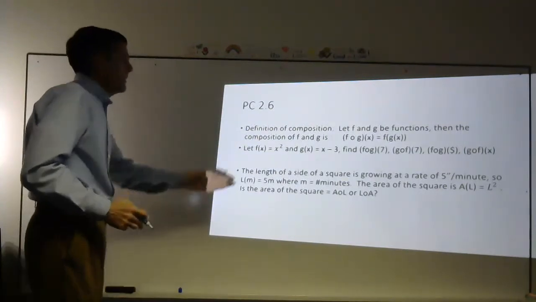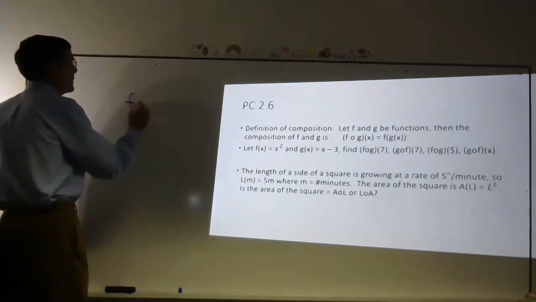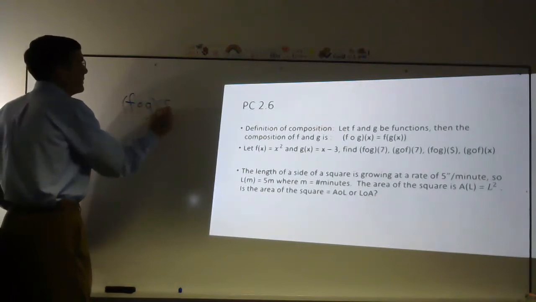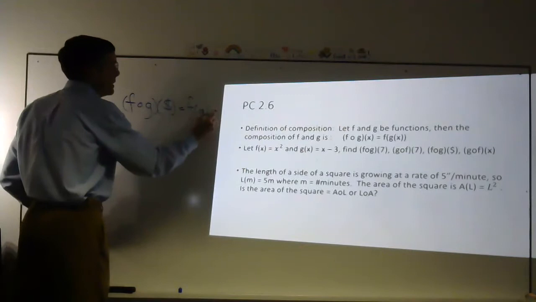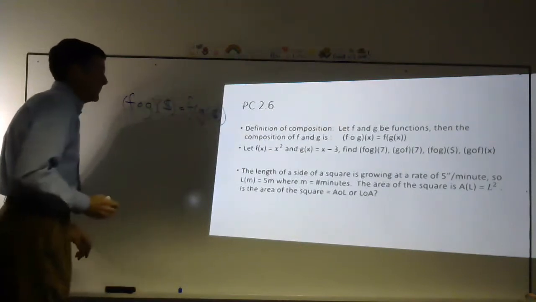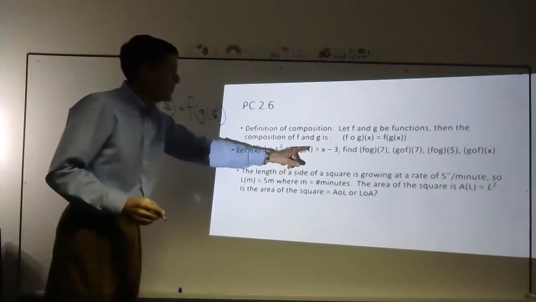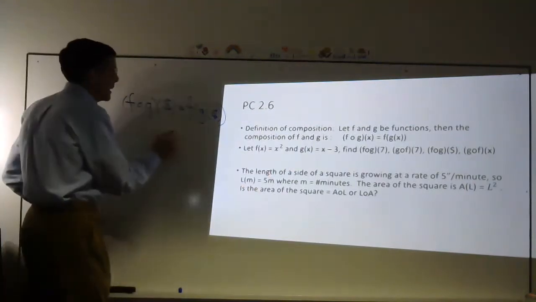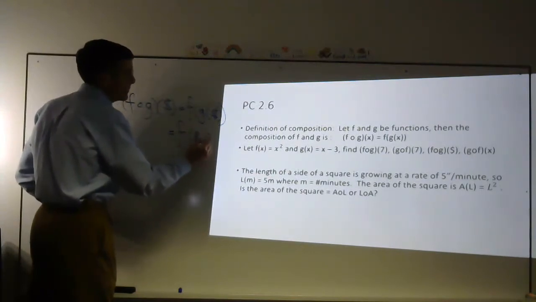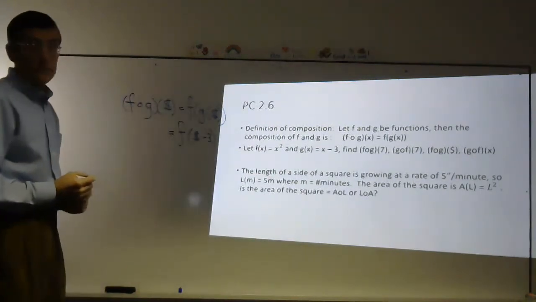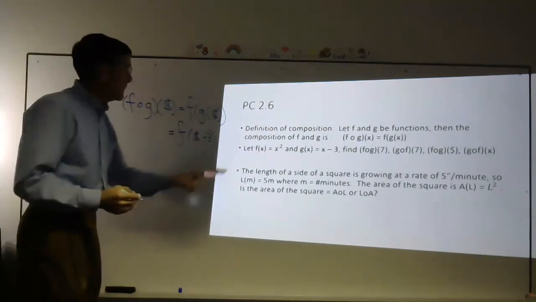Okay. How about f circle g of dollar sign? f circle g of dollar sign is f of g of dollar sign, right? So I must put dollar sign into the g function first. And don't I get dollar sign minus 3, correct? And then I take that result and put it into the f function.